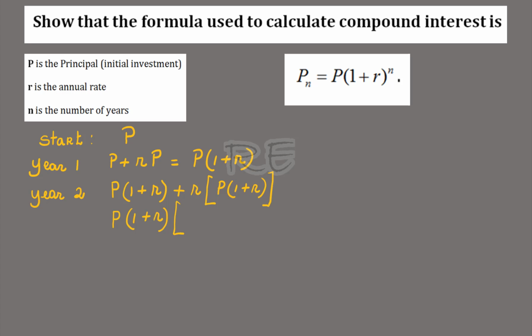When we factor it out, we are left with 1 plus R. And 1 plus R times 1 plus R, we add the exponent, and we'll get P times 1 plus R to the second.